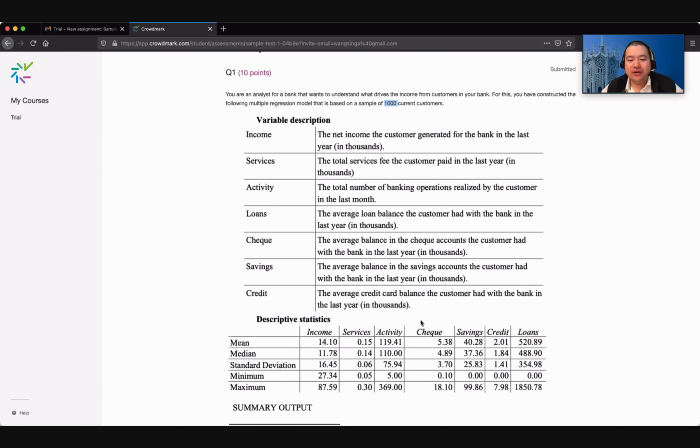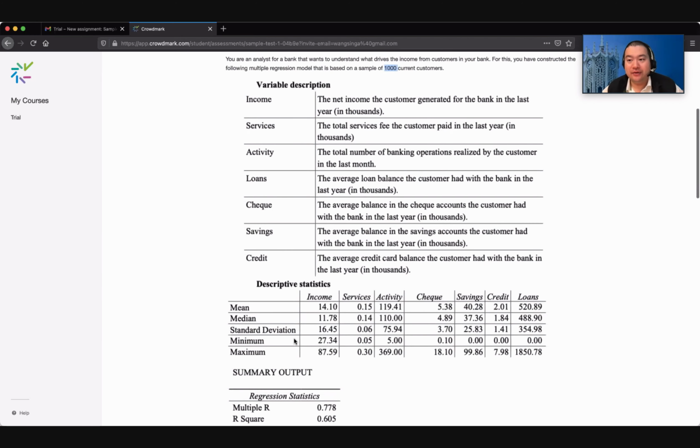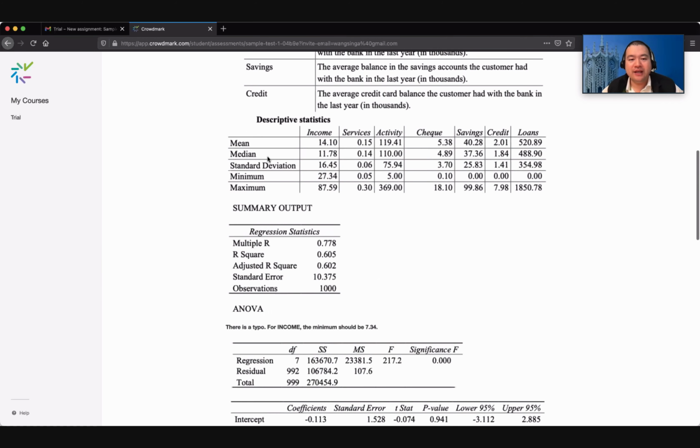Okay, so because the question one also has some descriptive statistics, right? So that's why it's good for you to understand it. So we have income, surface activity, loans, check, savings, credit. And we have the mean, median, standard deviation, minimum, and maximum. So actually, I can tell you for the first question, you were given this table.